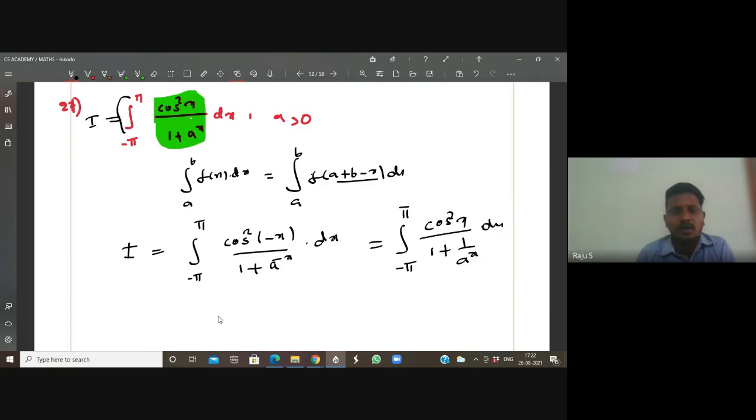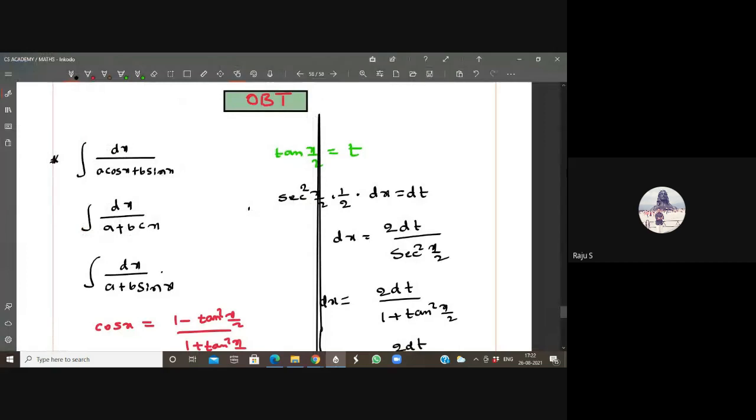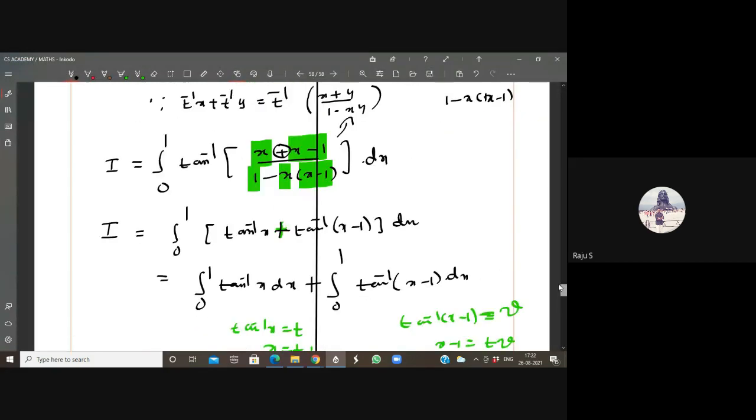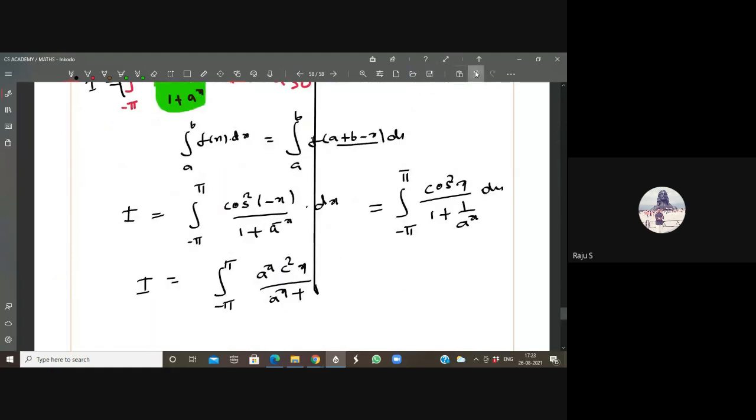When I take the LCM and simplify, we get the integral from minus pi to pi of a power x into cos square x by a power x plus 1, dx.